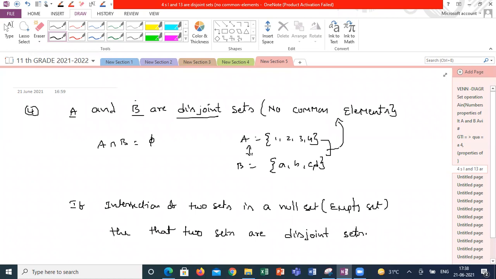Are you clear, guys? This is a little bit important point in some proofs. Based on this statement, we will conclude and prove certain statements. Is it clear, guys? Yes, sir.